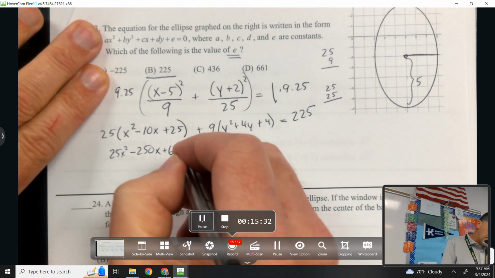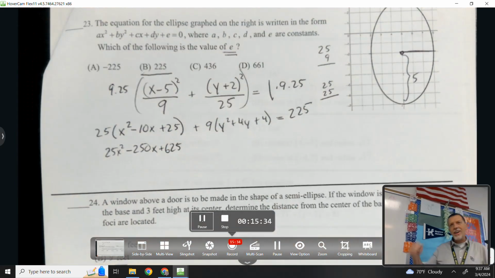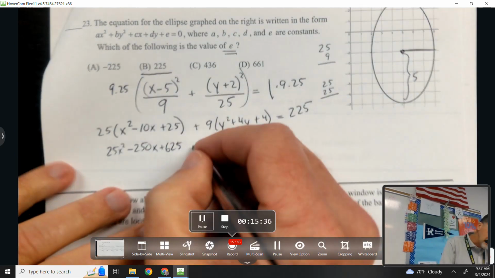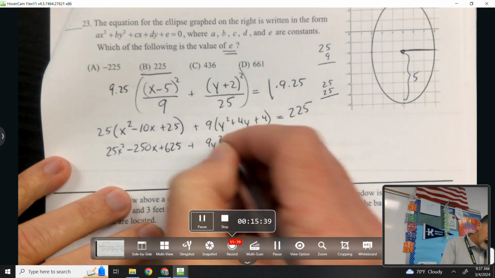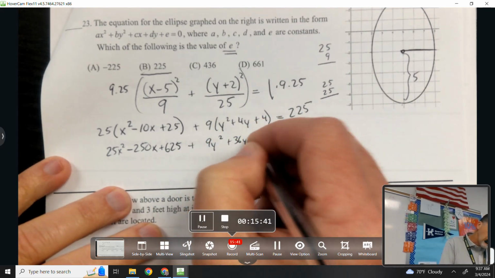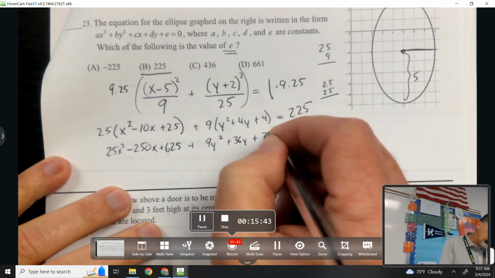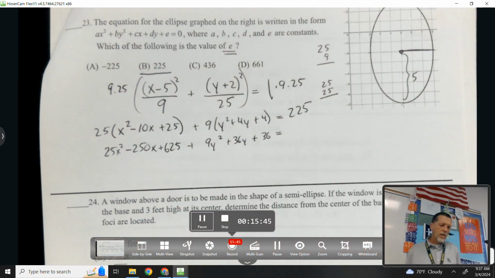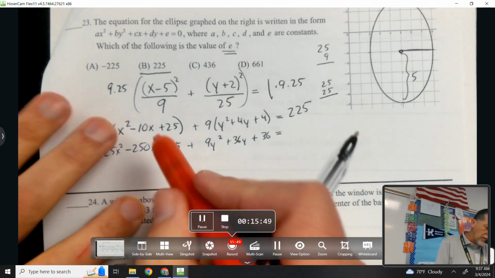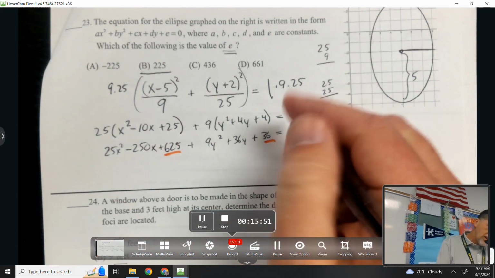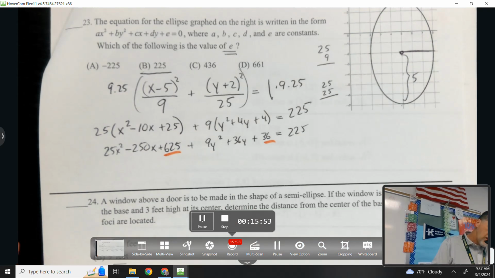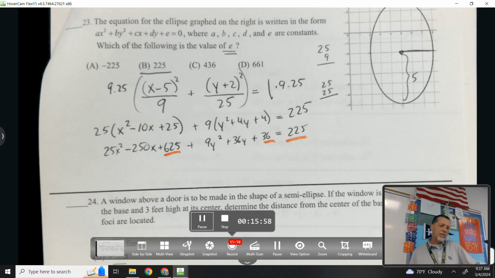But hey, if you didn't remember it, you go out to the side and longhand and figure it out. 9y squared plus 36y. 9 times 4 is 36. Okay, so I don't have to worry about any of this except the numbers that are by themselves. So I can stop worrying about the y squareds and the x squareds and the x's and the y's.